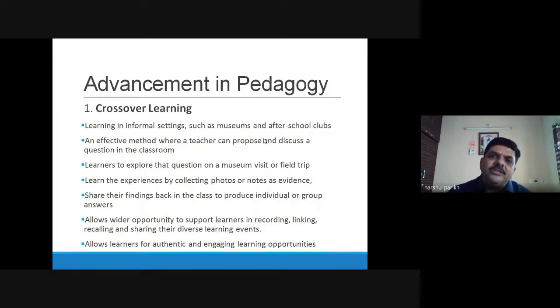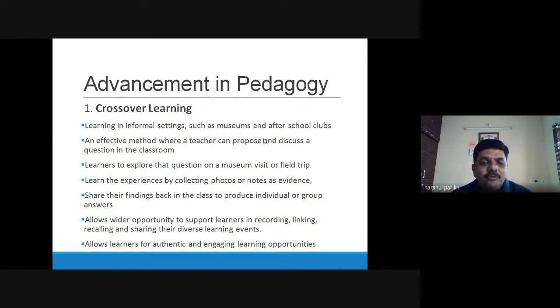They learn from this open library and report their experiences, try to get answers to whatever question the teacher made during the classroom, and share the findings back in the class, so everyone in the group or class gets an experience from that.